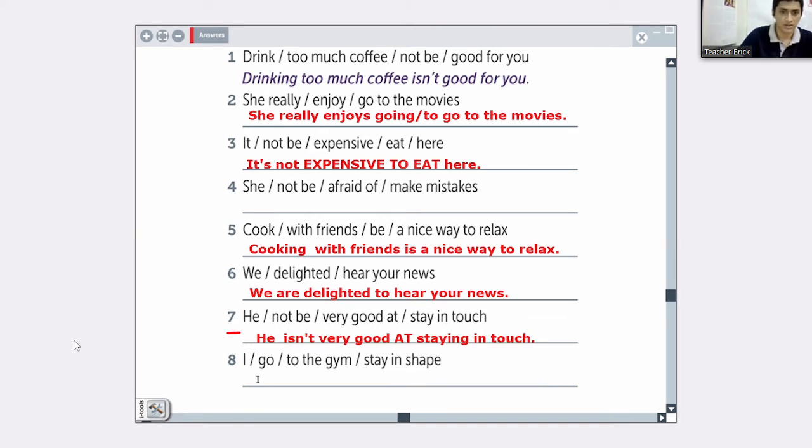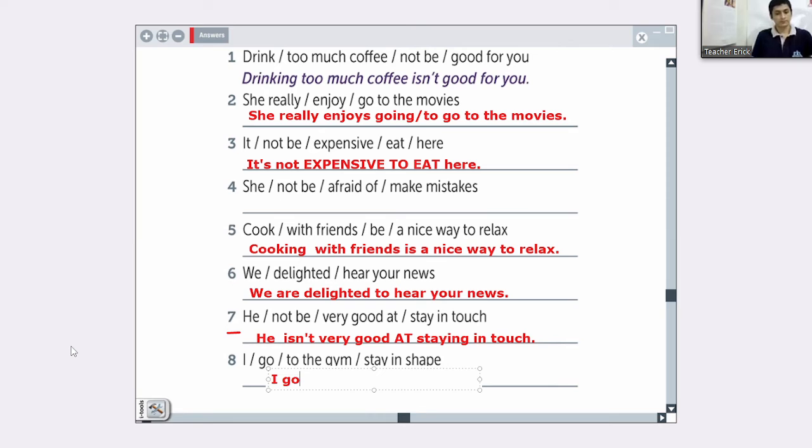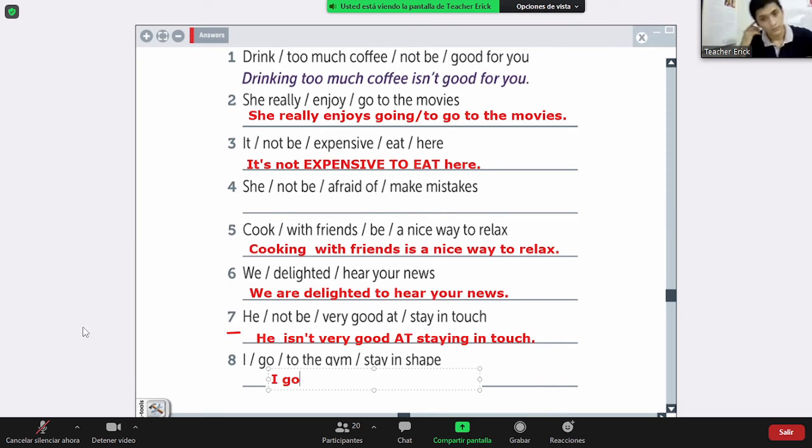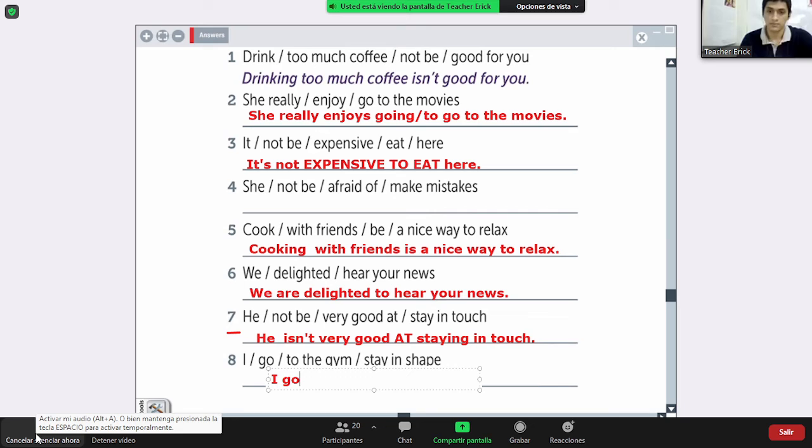Now the last one, I go to the gym. So why do we go to the gym? I go for a purpose. What is the purpose of going to the gym? ¿Cuál es el propósito? Yes, staying or to stay in shape.